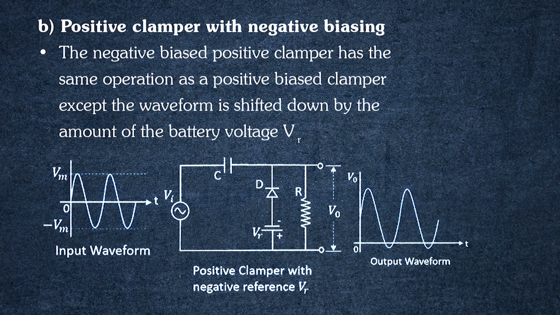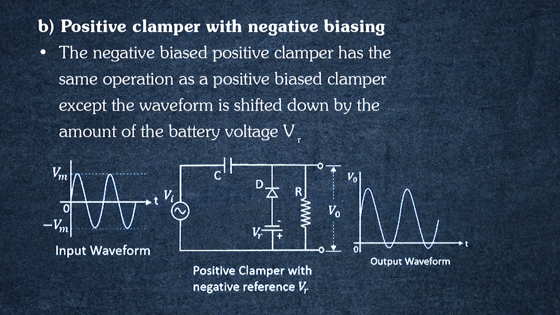Now, let us study the positive clamper with negative biasing. As the name itself suggests, in the circuit diagram shown here, the voltage is connected in such a way that the negative side of the voltage is connected to the P terminal, which forms the positive clamper with negative biasing.